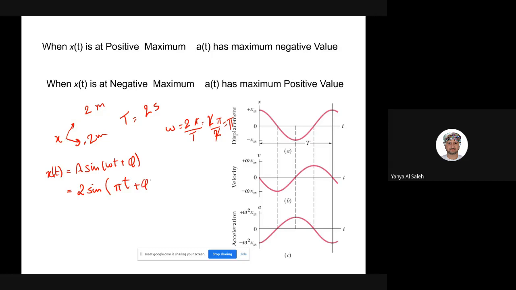So x of t is 2 sine pi t plus phi. Now we don't know what phi is. We need an extra piece of information. The extra piece of information might be something like: this is the motion of a swing, and at t equals 0, Marjuha is starting from 0.